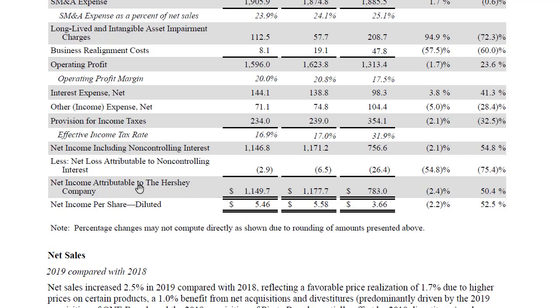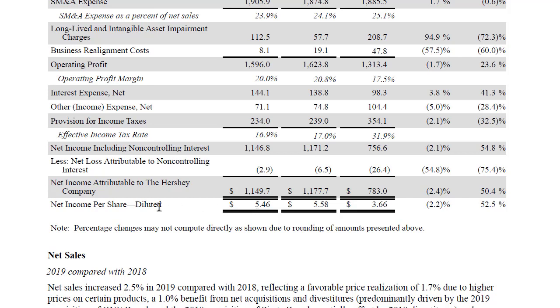And then we finally arrive at net income attributable to the Hershey company. And so what that is, is the public shareholder. So if you were to buy into this company, that's the income that would be the pie that's available, and then it gets split up into per share amounts, which Hershey has listed below here. So $5.46 per share.